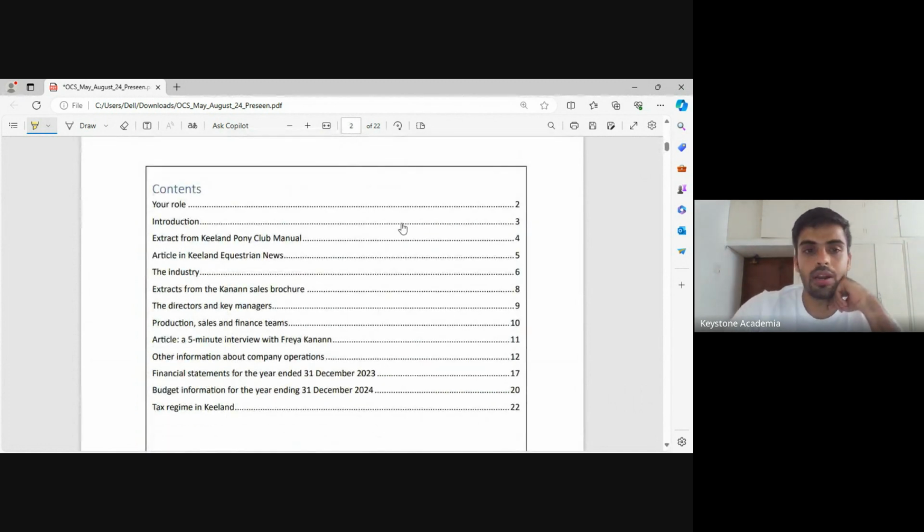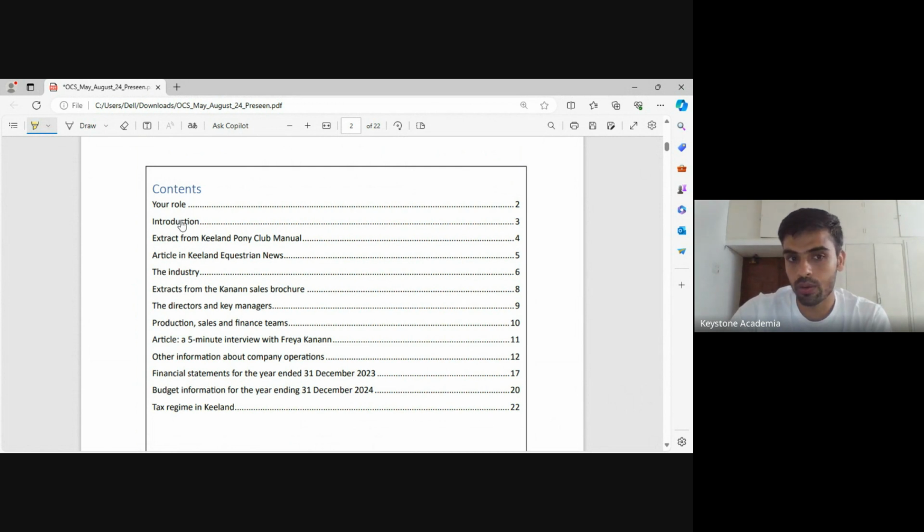So at the table of contents, firstly, if you look at the quantity, it's only 22 pages, right? Usually it's around 28 to 30 pages, but this pre-seen is quite small. It's small, but that doesn't mean it's easier or more difficult. It might have the same thing. Overall, the content will always be very similar.